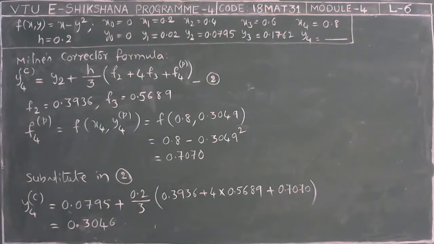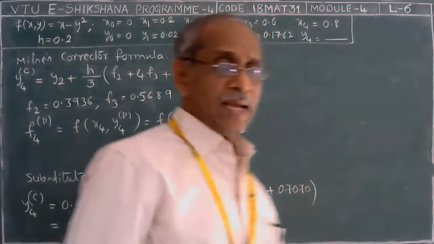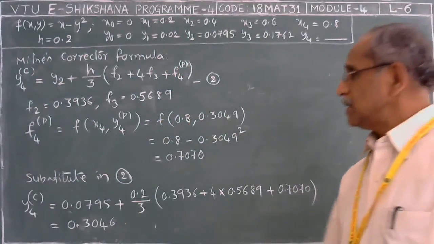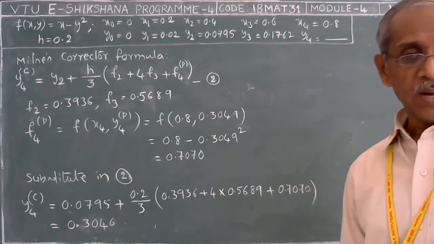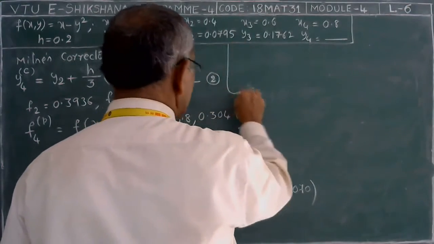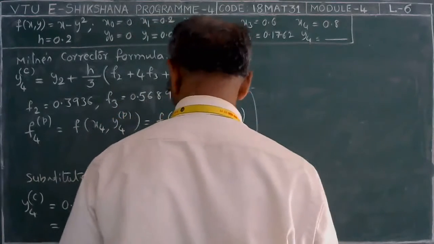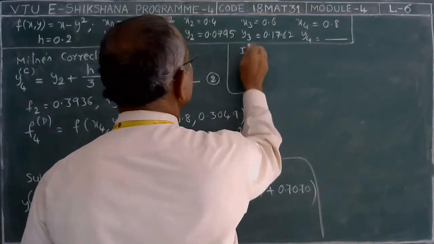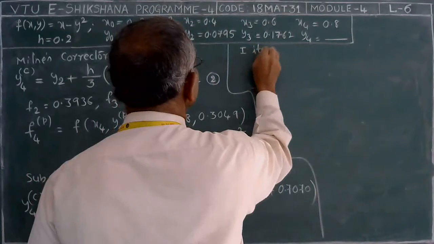0.3046. This is the corrected value, but this can be refined by subjecting it to iterations. Let me call this the first iteration.